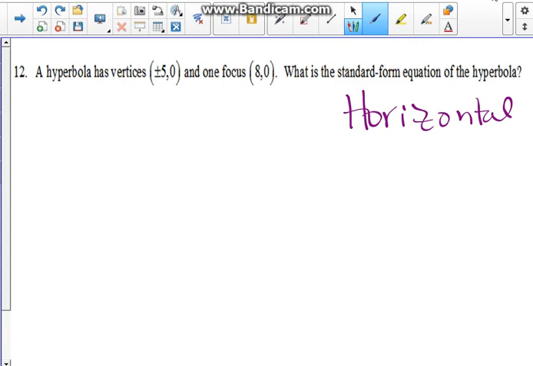Because our vertices are at positive and negative 5, that's our a value. So a equals 5, and the focus is our c value.